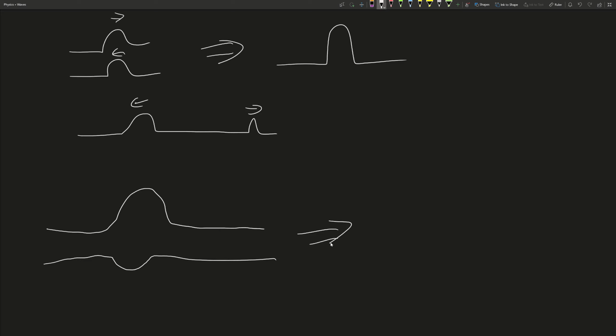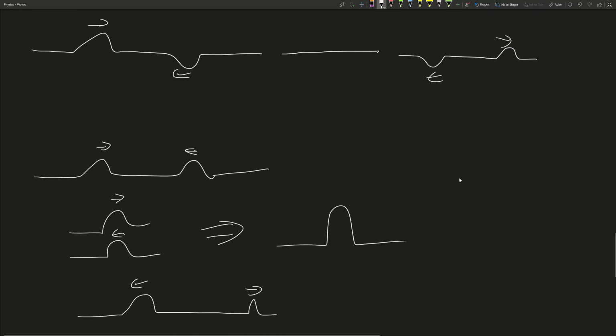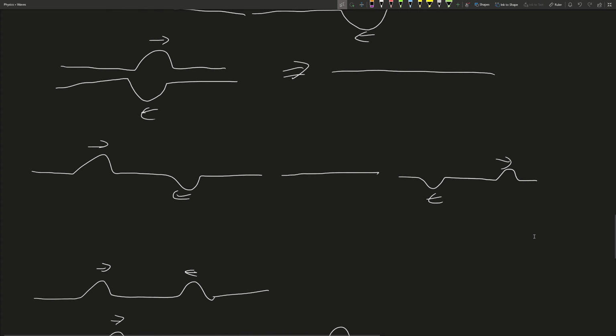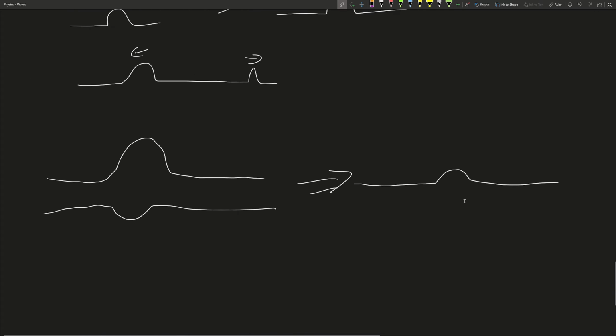Now if you add them together, you'll just get one wave that's half the amplitude in the upwards direction. So this wave partially cancels with the bottom wave, and you get that. Superposition is just when you add the effects like that separately. And so you can consider each wave individually and add their effects at the end to get the final wave that you'll see.